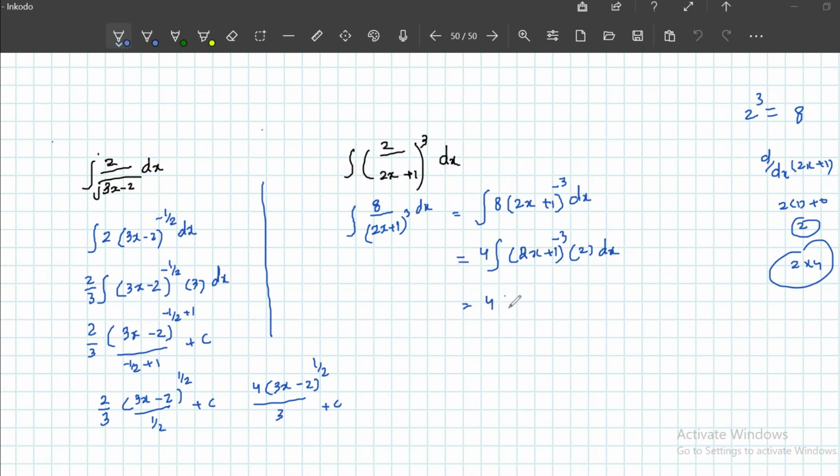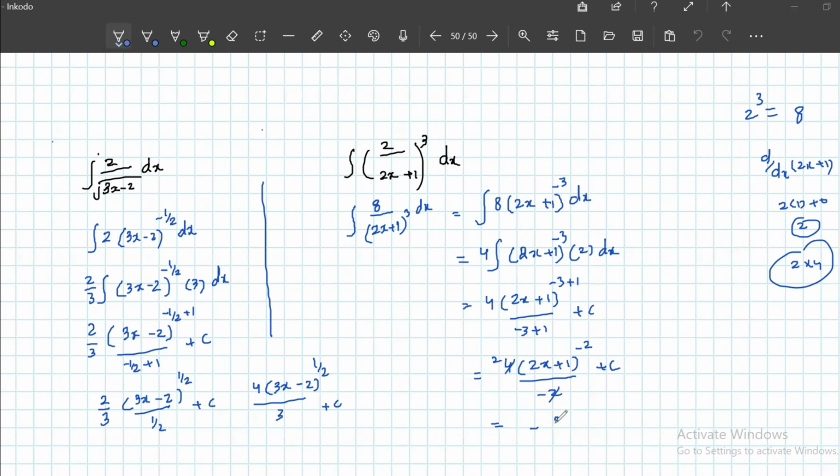Okay, so 4 (2x plus 1) power minus 3 plus 1 over minus 3 plus 1, plus constant of integration. So it gives me (2x plus 1) whole power minus 2 over minus 2 plus constant of integration, which is equal to, 2 can cancel 4.